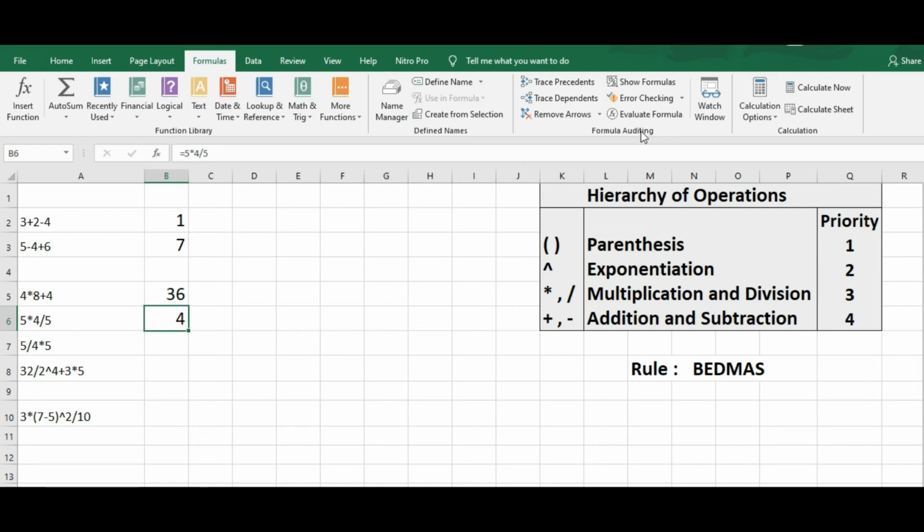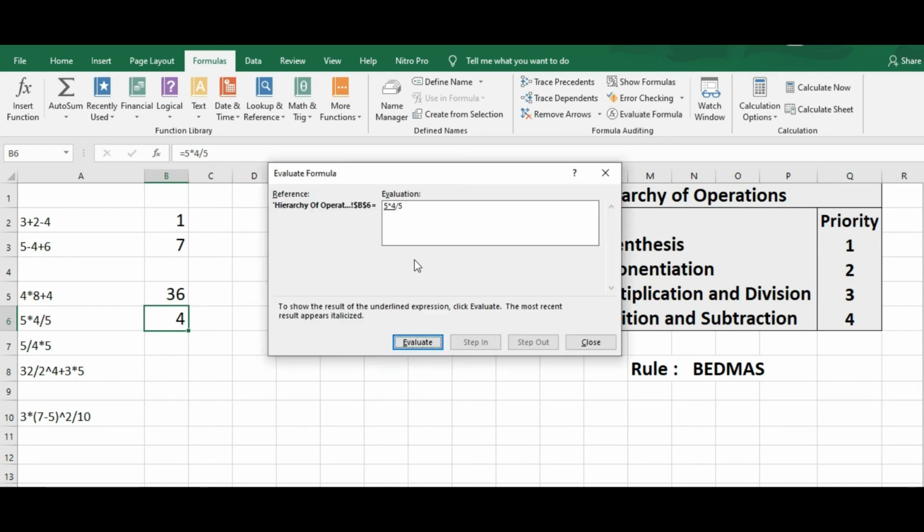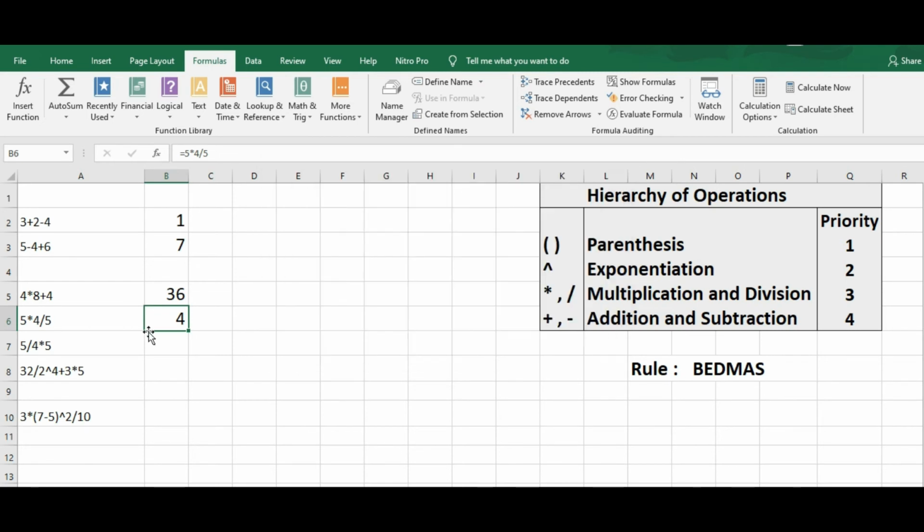Now again click on Evaluate Formula to check. In this one, the multiplication operation will be evaluated first since it occurs at the left, and then with the result the division operation will be calculated. It evaluated the result to 4. Now in this one, the division operation will be evaluated first, followed by the multiplication operation.